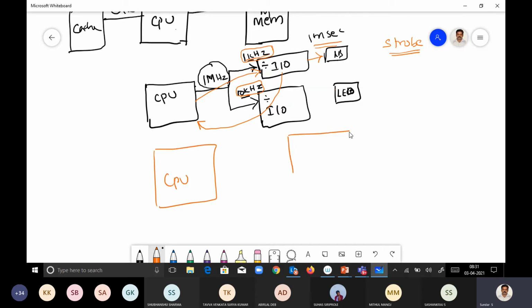CPU. This is the IO model or IO interface. Just for simplicity, let me take only one. Every IO model will be associated with one IO device or multiple IO devices. Let me take two devices, device 1 and device 2.